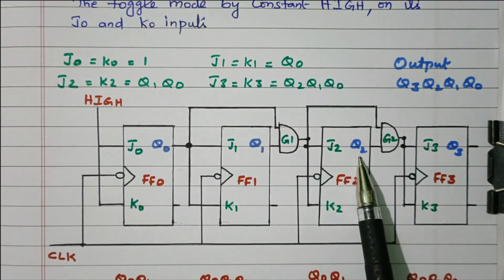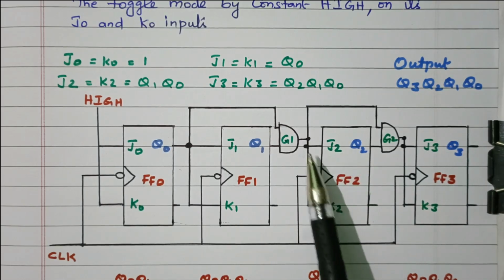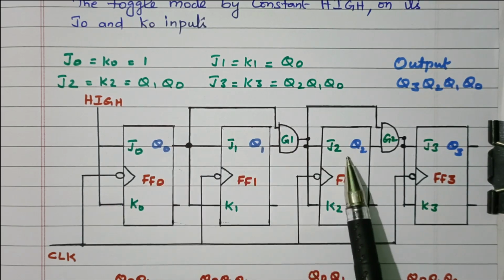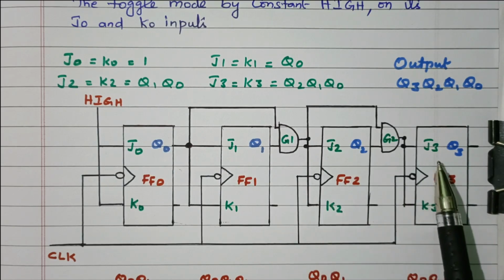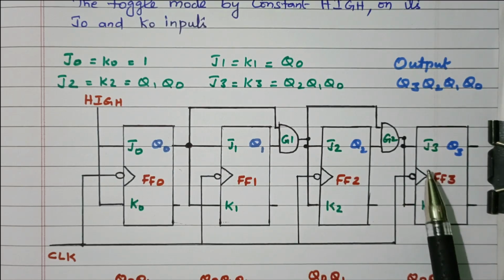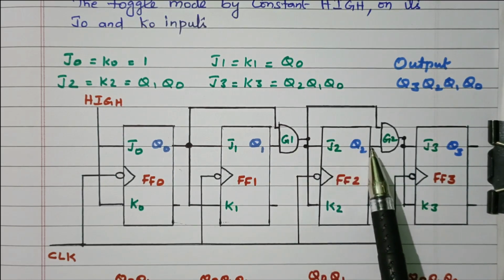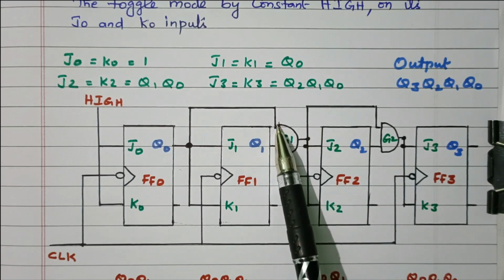The output Q2 will toggle whenever J2, K2 is 1, that is, Q1 and Q0 should be 1. If any one is 0, there is no change. Both should be high, then only it toggles. Then the fourth flip-flop, J3 and K3: again one more AND gate is connected, with Q2 as well as this output, which is nothing but Q1 and Q0.